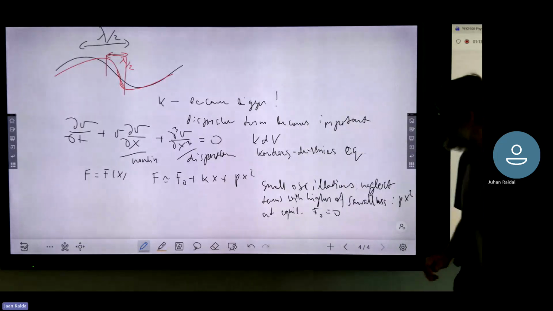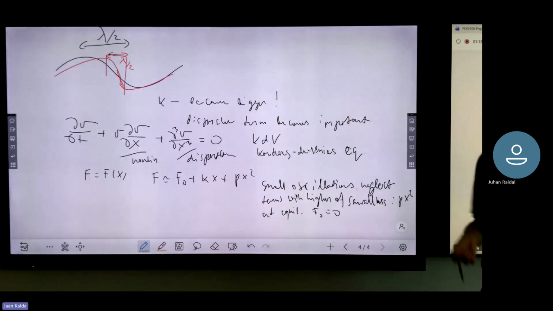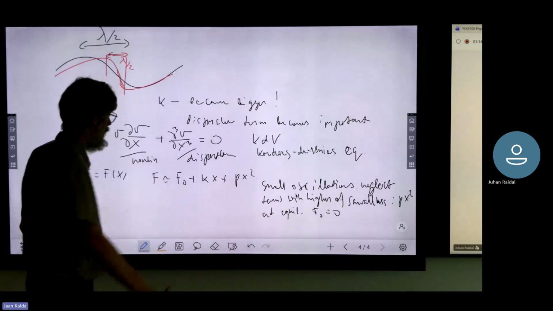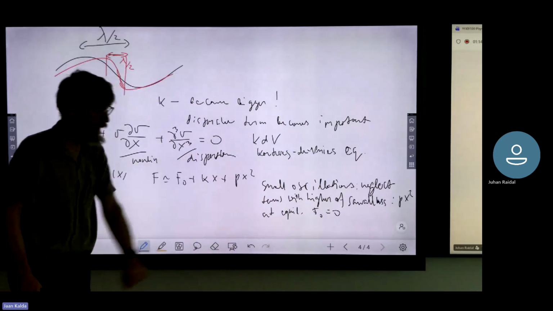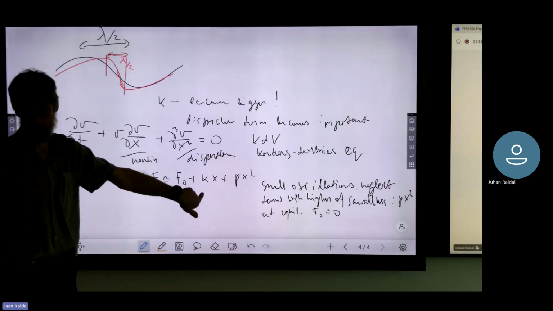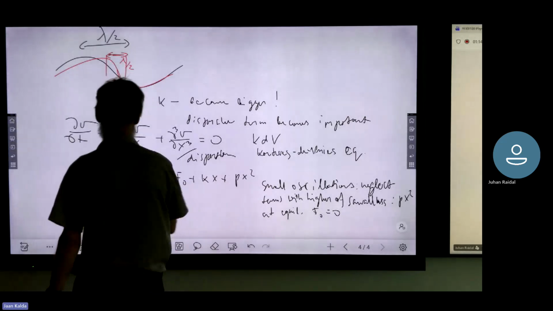And that's why, if you take small oscillations, you can almost always neglect this term over here. The exception is when k is exactly 0. Only then this doesn't work.